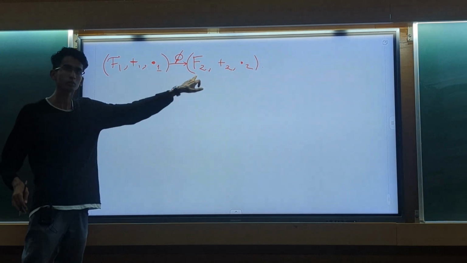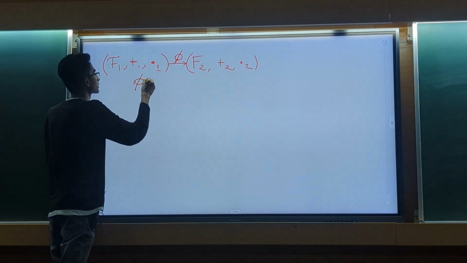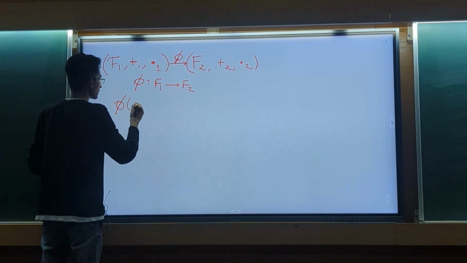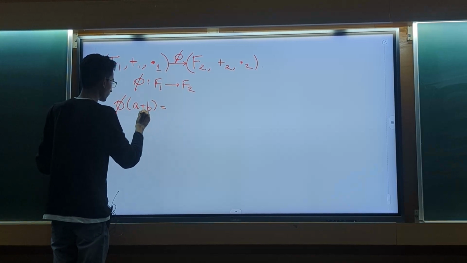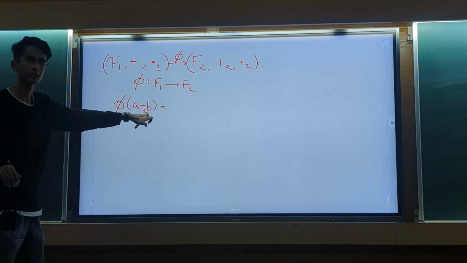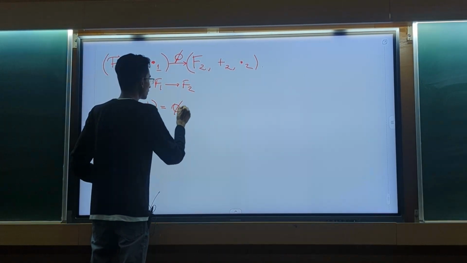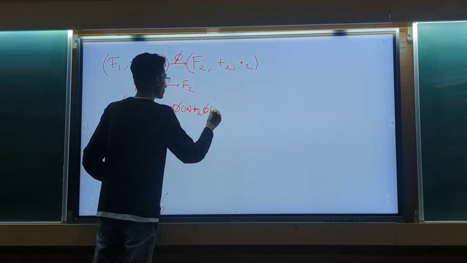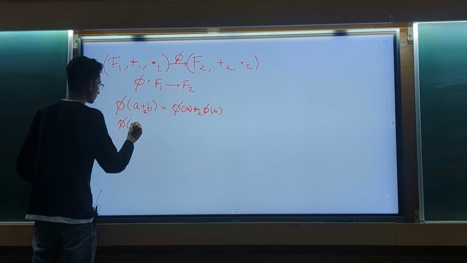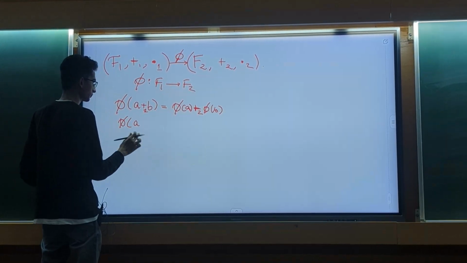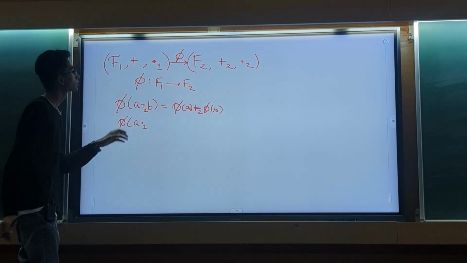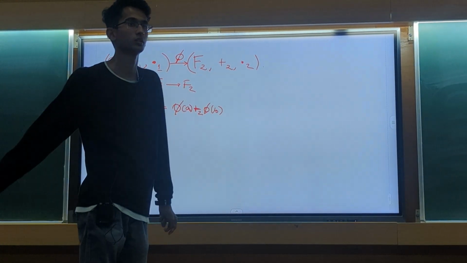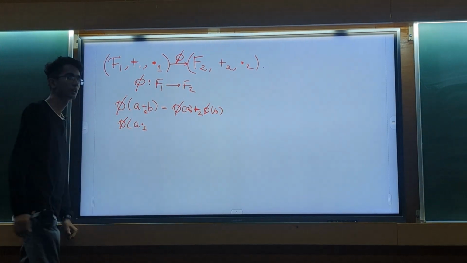Not only that, but phi of a plus 1 b, where a and b are in f1, is equal to phi of a plus 2 phi of b, and similarly for multiplication. So 1 and 2 denote two different fields. Plus 1 and plus 2 are addition and multiplication for two different fields. Does that make sense?